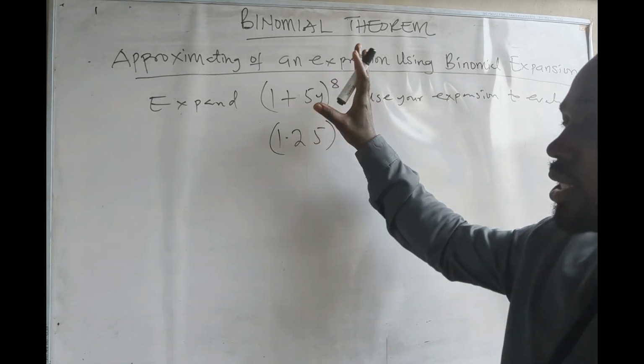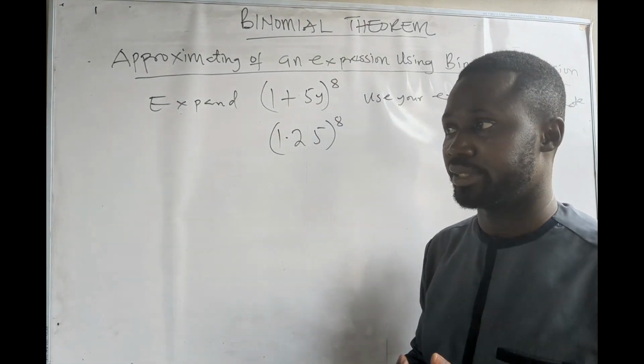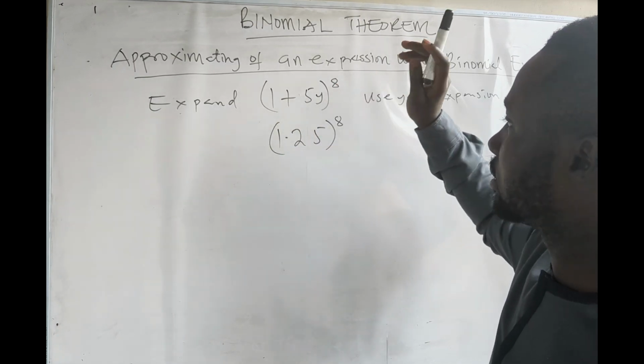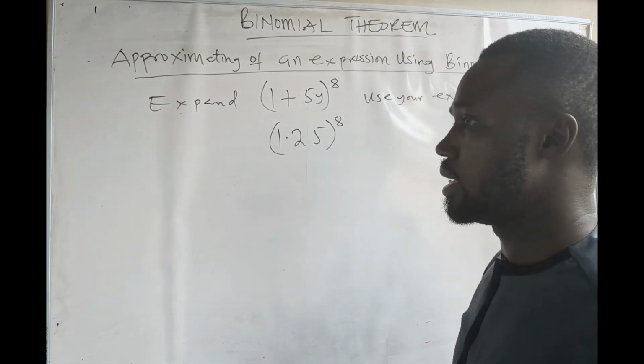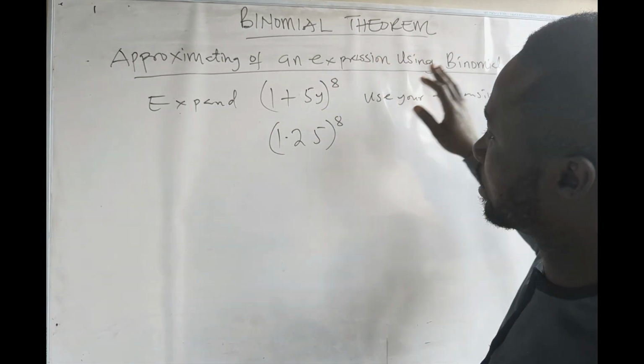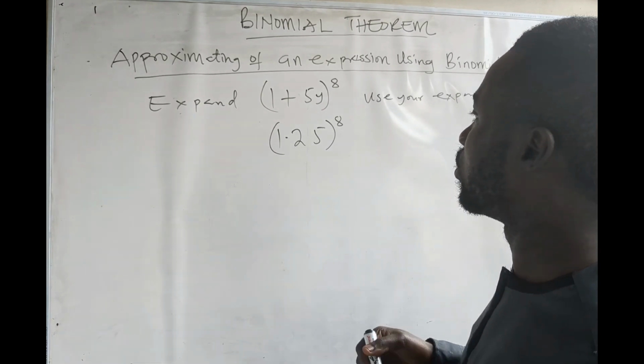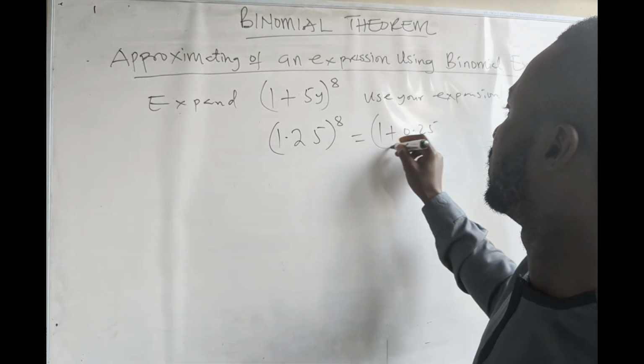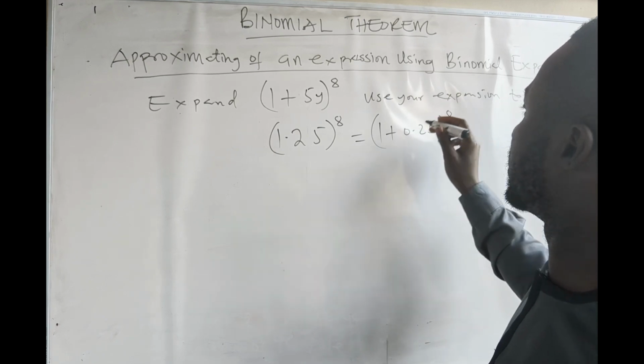So what we do is to compare. We have 1 plus 5y exponent 8. After you have expanded it, this is 1.25, so you can write this one as 1 plus 0.25, exponent 8.